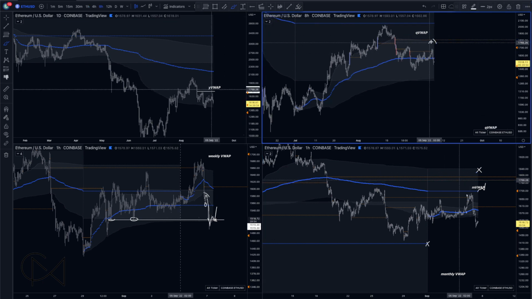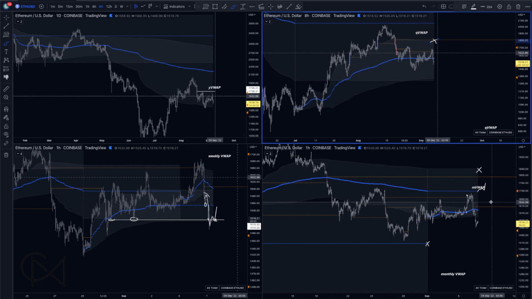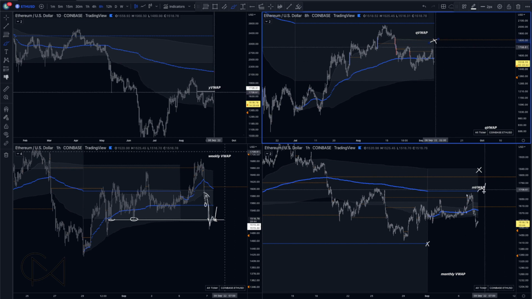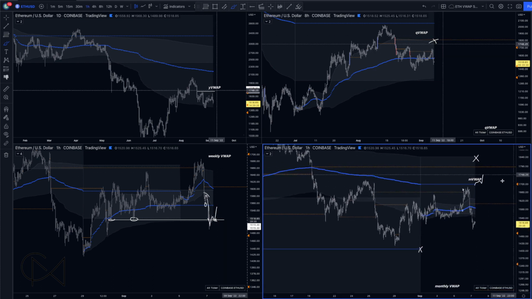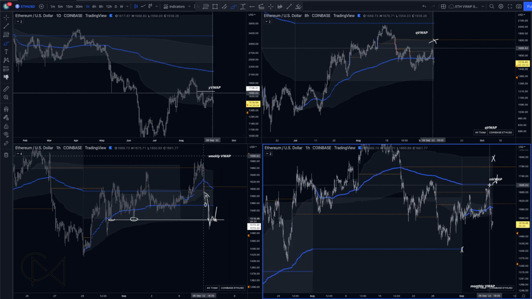So as I said, you want to see the same levels on the different time frames of the VWAPs, and the quarterly value area high is coinciding with the monthly value area high nearly. So that's a real good level to look at if we can reclaim this previous monthly VWAP.